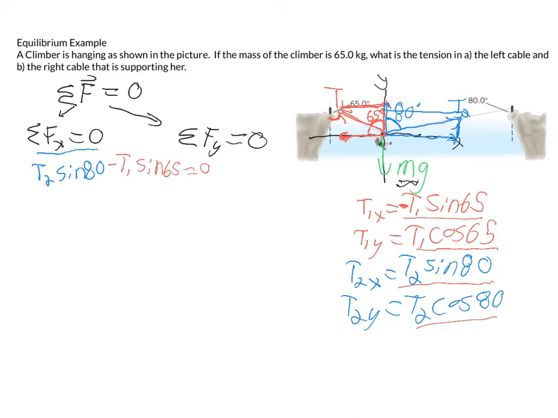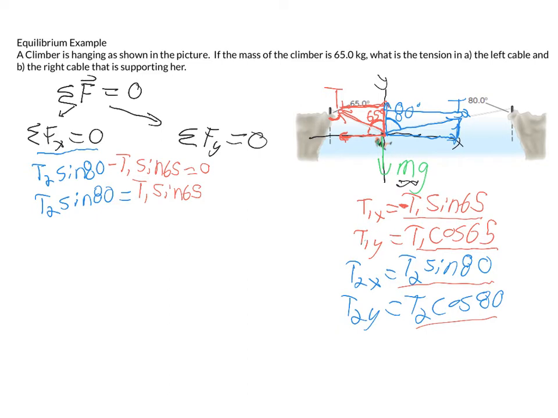So we can do a little algebra. If we want to find T2 or T1, I can move the T1 to the other side. So T2 sine 80 is equal to T1 sine 65. But no matter how I write it, I don't know T1 or T2. So I can't solve yet.